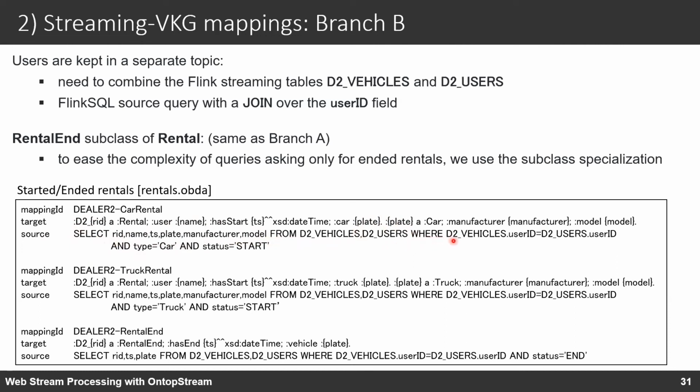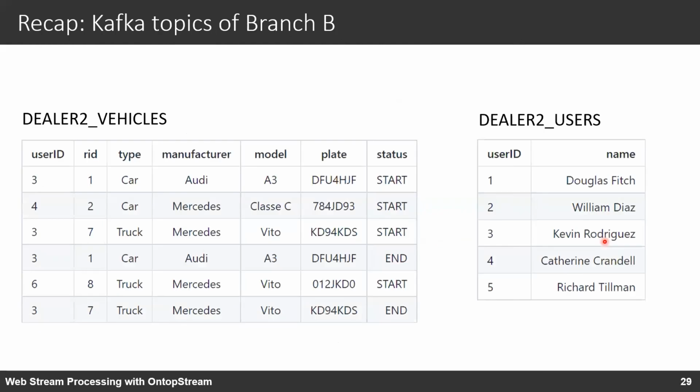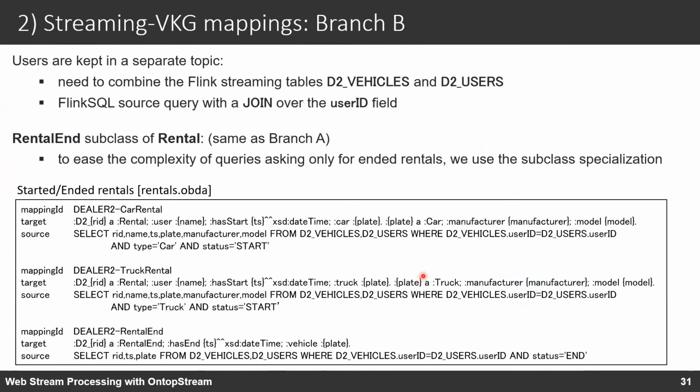And then we will make a join based on the user ID. So basically, based on this user ID here and here, we will make the join between this topic and this other topic, which are ingested inside two separate Flink tables. And then once we have made the join, we are able to expose the data using this RDF statement.